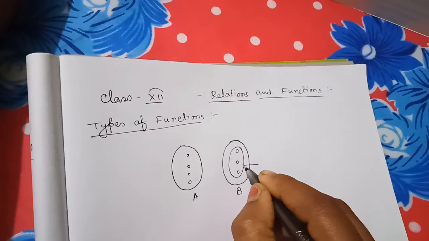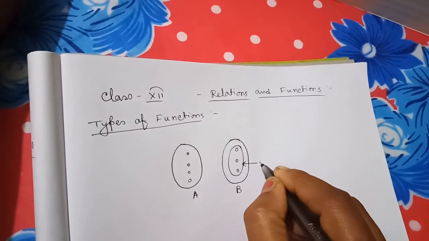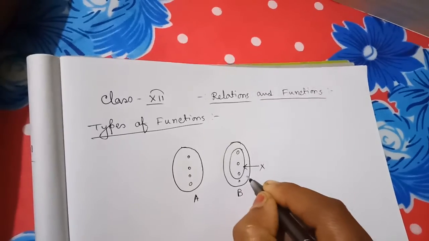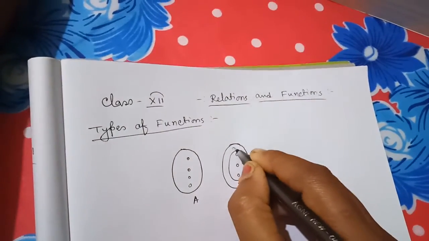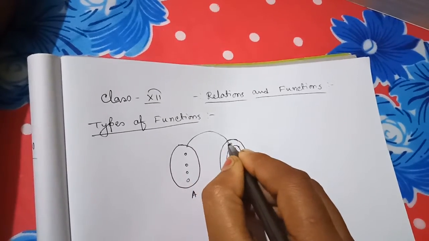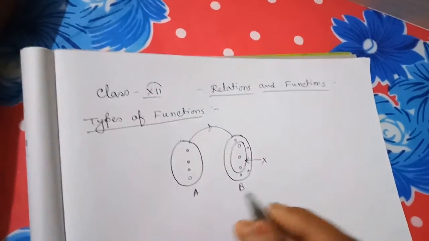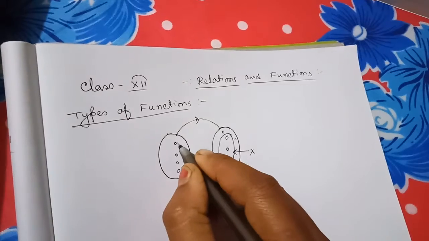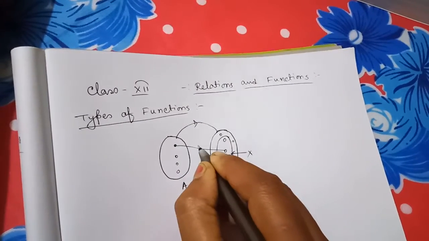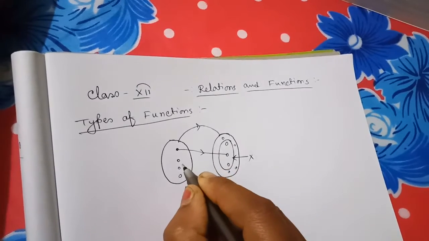This subset's name is suppose X. B has another elements like this. So these two relations can be defined. Now I'm drawing how these are related.